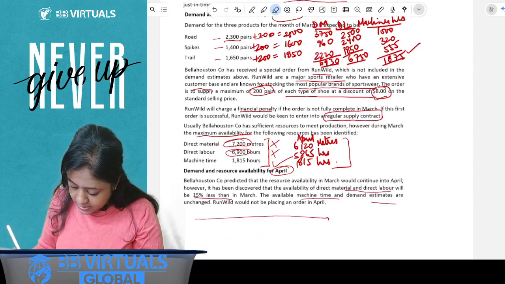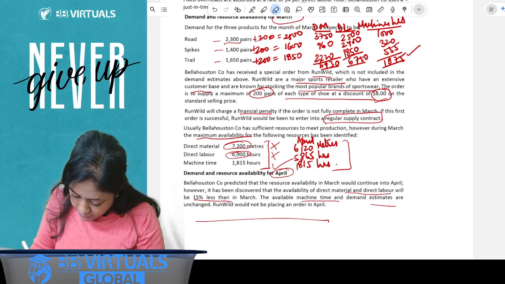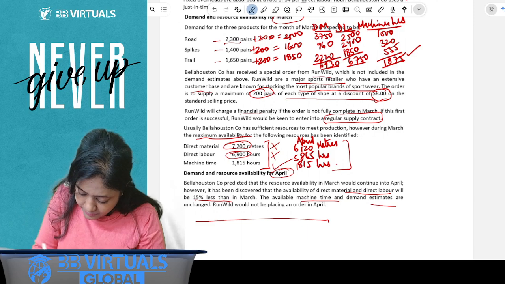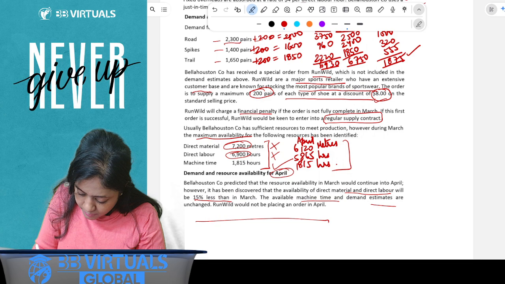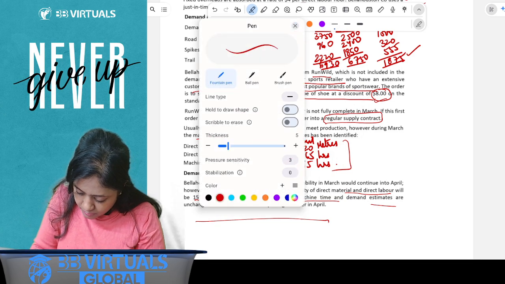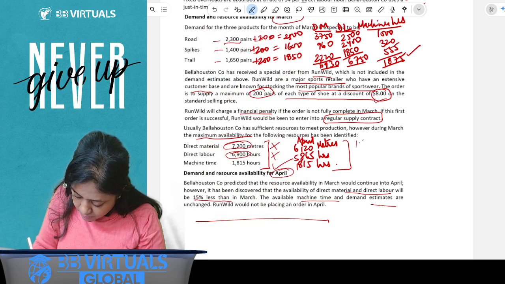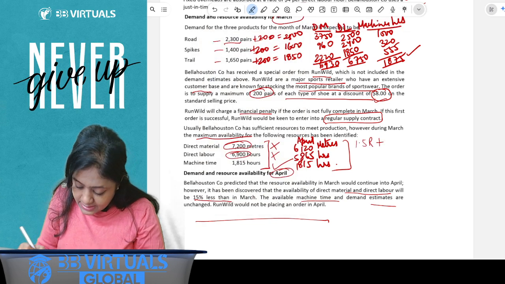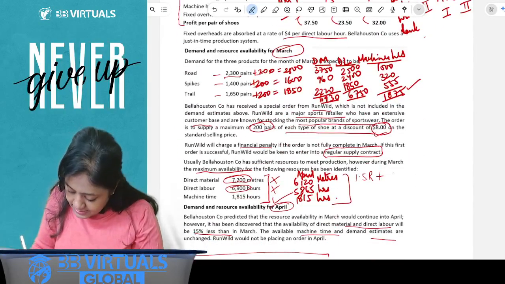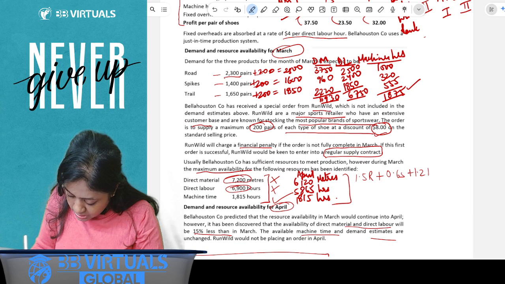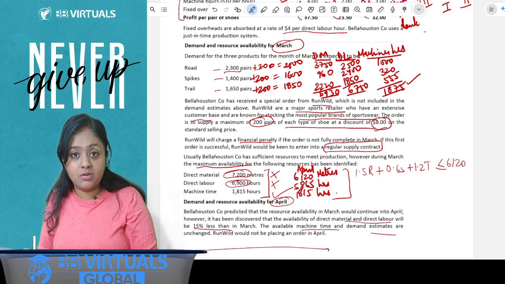So let's formulate it here. 1.5 R plus 0.6 S plus 1.2 T is less than or equal to 6120, because they cannot exceed it.